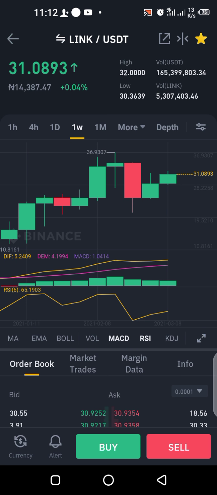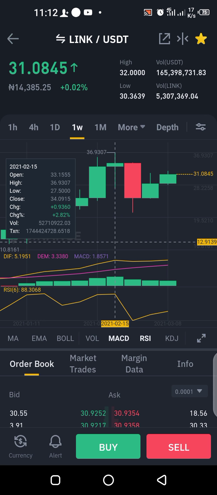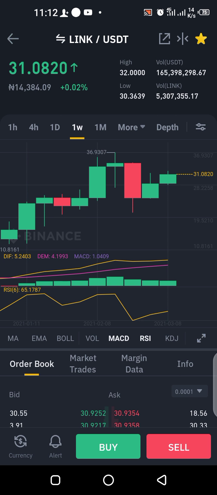And the RSI says 80. The momentum was high. And when the momentum was high like that, expect it to come down. Expect the force, expect the pressure to cool off. That's why the next week was bearish. The next week after this was bearish.